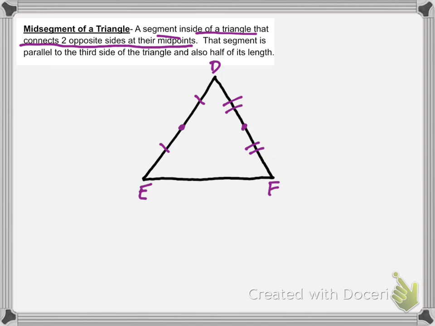So let's give this point G, and let's give this point H. And we're going to connect those two midpoints. So, in this case, GH is a midsegment. It connects the midpoints of two opposite sides.